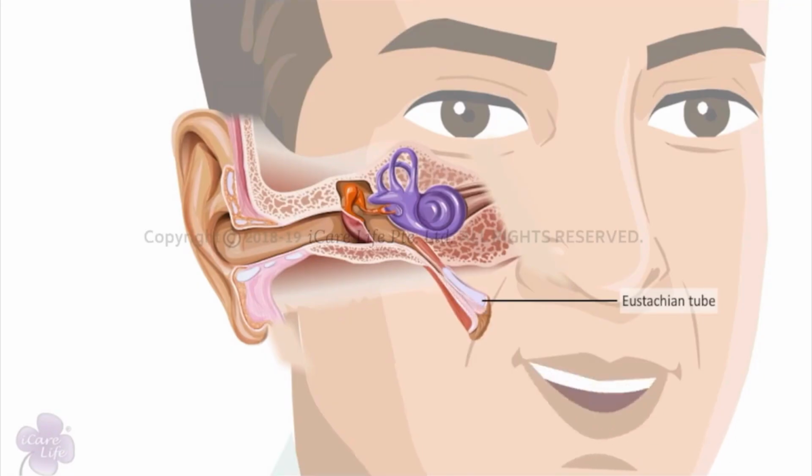It acts like a valve and ensures that the air pressure on the two sides of the eardrum is the same. This tube is mostly open to allow the passage of air. When it gets closed, it reopens by activities such as yawning, swallowing, and chewing.